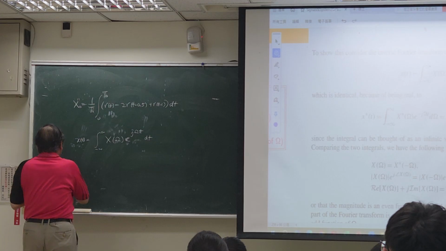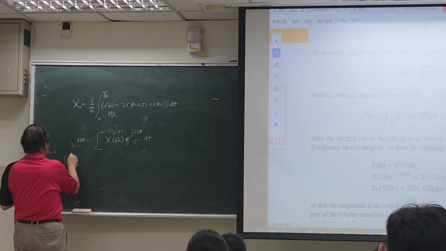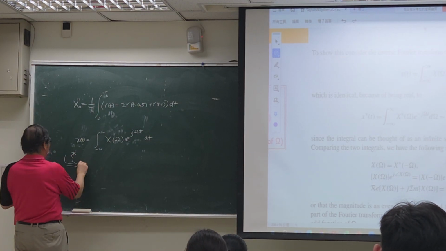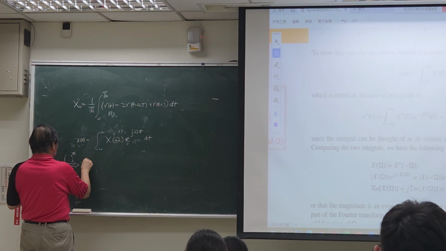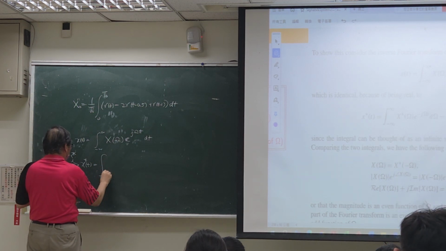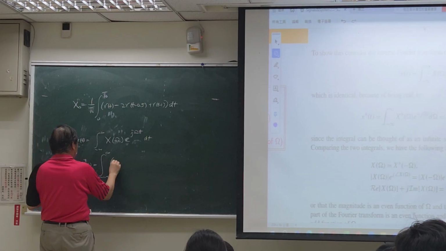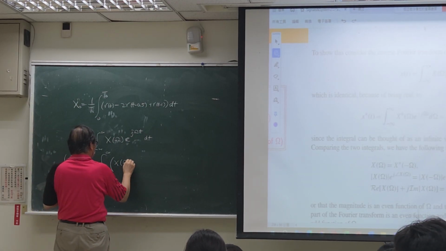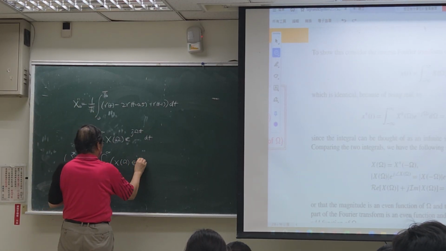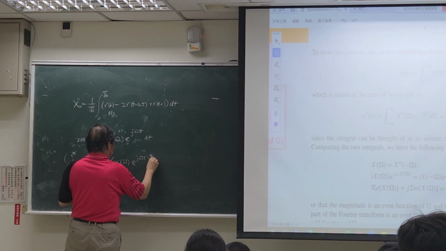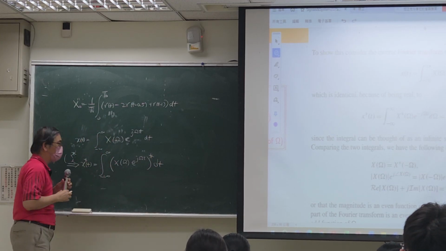So now if I take the complex conjugate of the function x of t, then I also have to take the complex conjugate of the t.